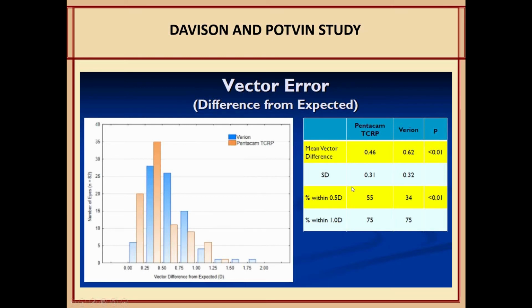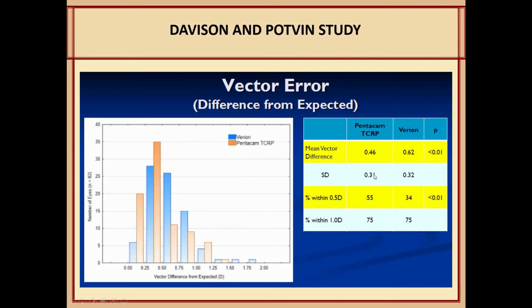And if you want to look at the numbers, the mean vector difference was smaller with the Pentacam values than with the Varian, and the percentage of cases within half a diopter is higher with the Pentacam than with the Varian. If you go to 1 diopter, they became almost identical.